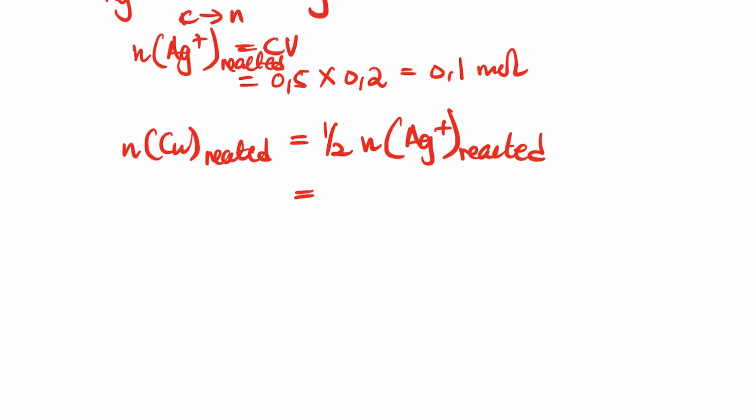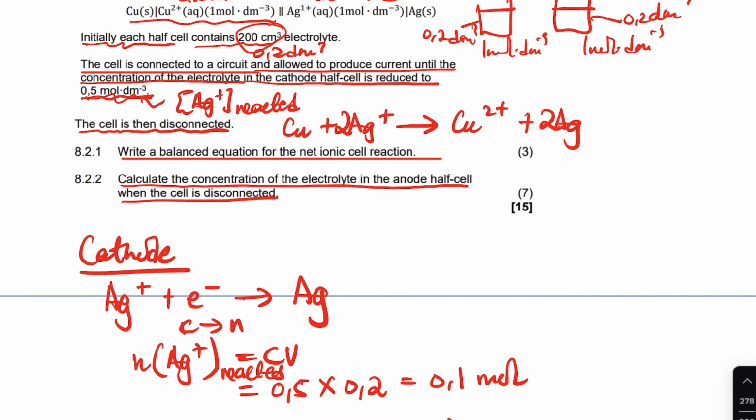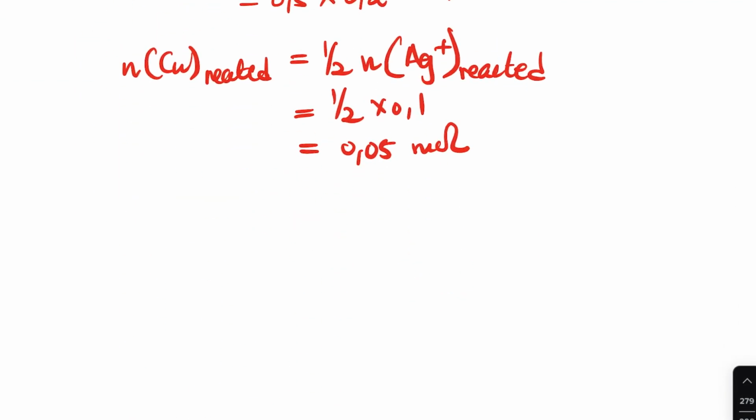Because the ratio is 1:2, it's half times 0.1, which is 0.05 mole, the number of moles of copper reacted.